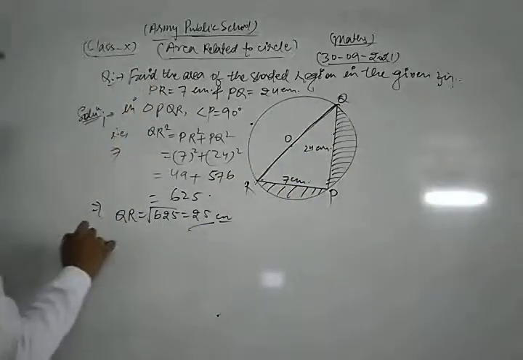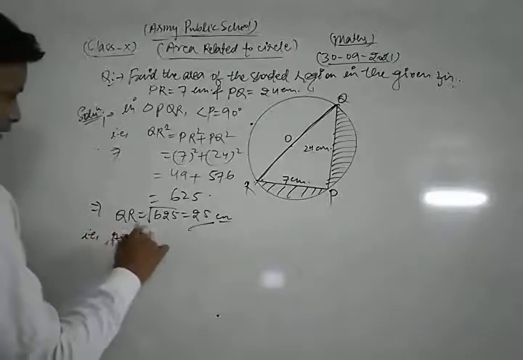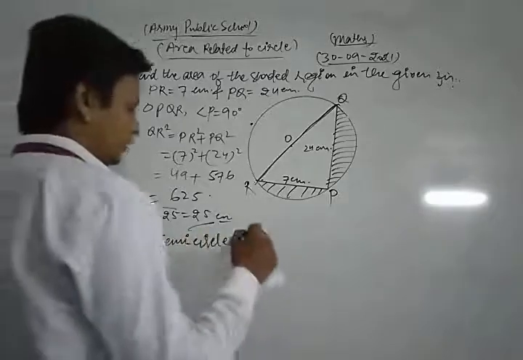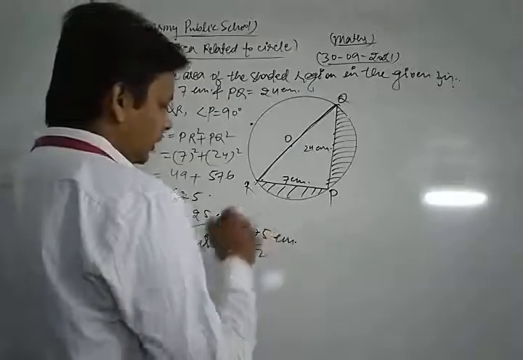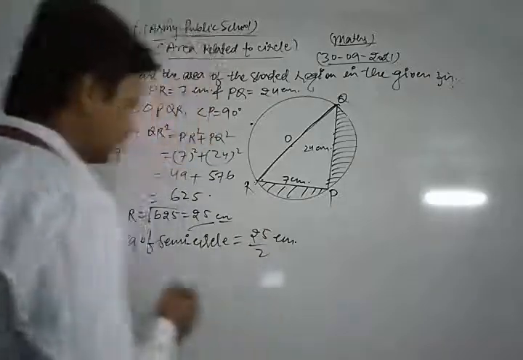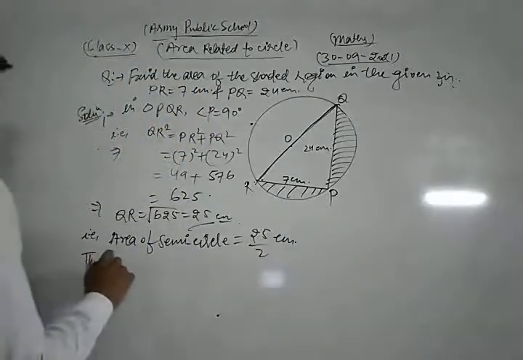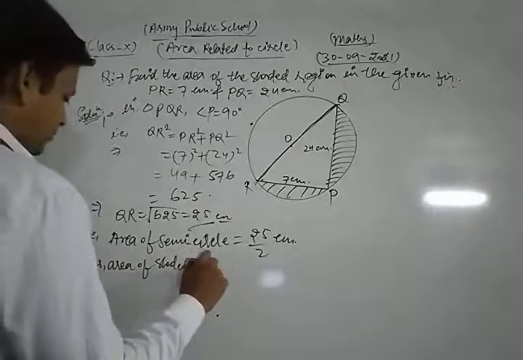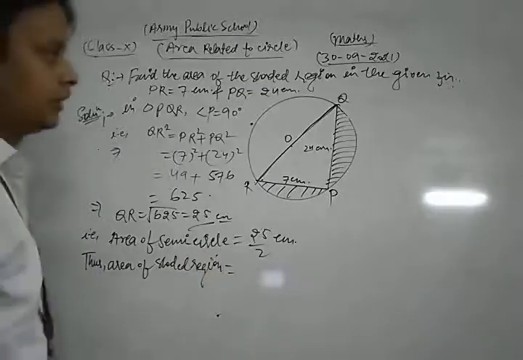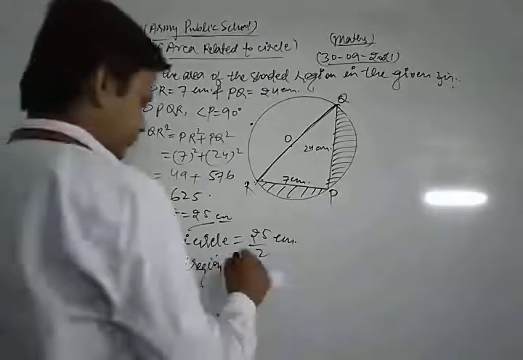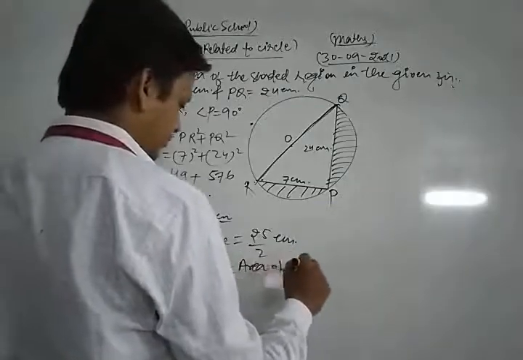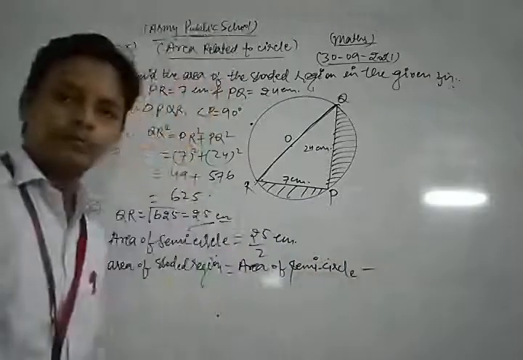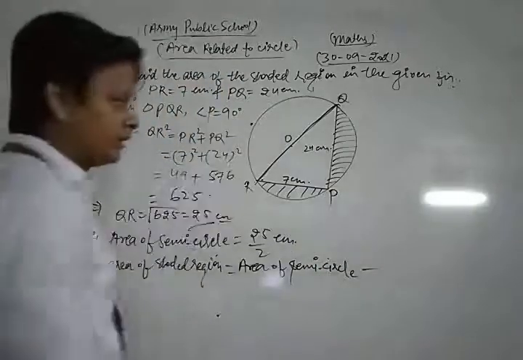Now the area of the semicircle, where the radius is 25 upon 2 centimeter. Area of the shaded region is equal to area of semicircle minus area of triangle PQR.